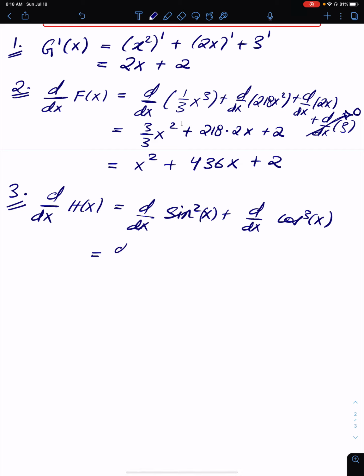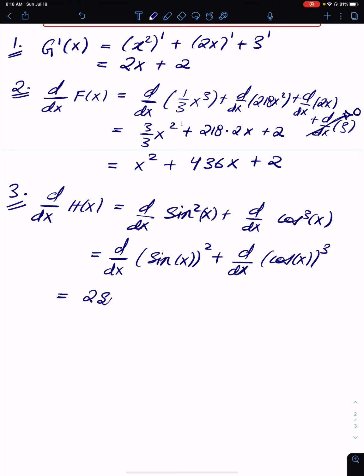Here, usually I prefer to rewrite this as sine x all squared plus the derivative of cosine x all cubed.